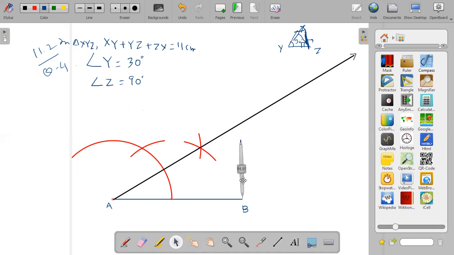Take the center B. You can reduce. Once you have decided this length, that is 4.2, then we have to go with the same one. Okay. Now, from this point, wherever this intersects this AB, from here, you will cut the arc.